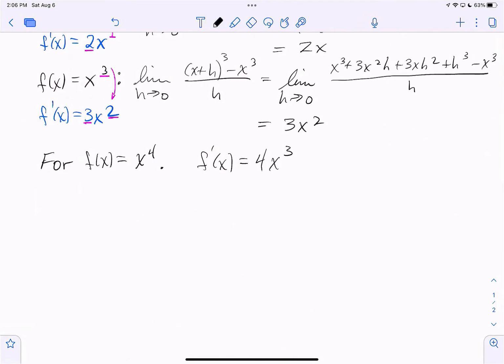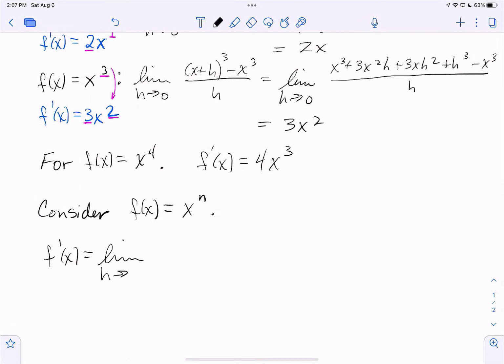If we look in general, so let's just consider f of x is equal to x to the n. Then f prime of x is equal to the limit as h approaches 0 of quantity x plus h to the n minus x to the n divided by h. We can expand the first term in the numerator using the binomial theorem.